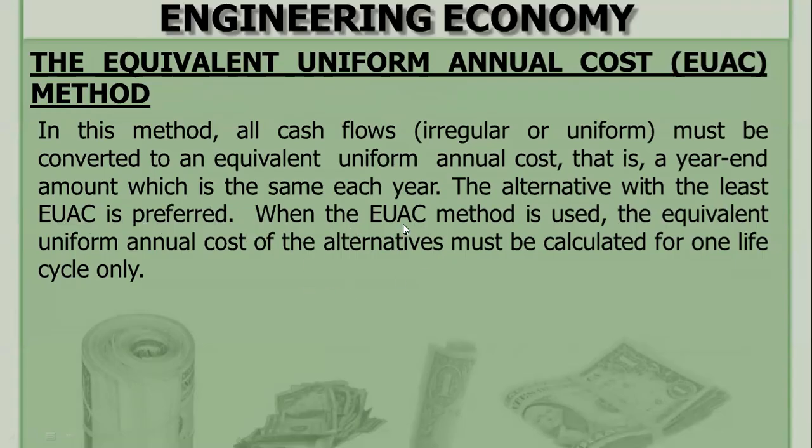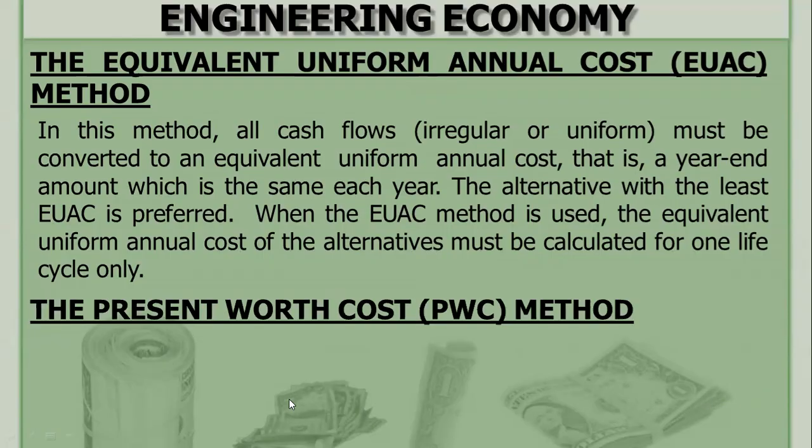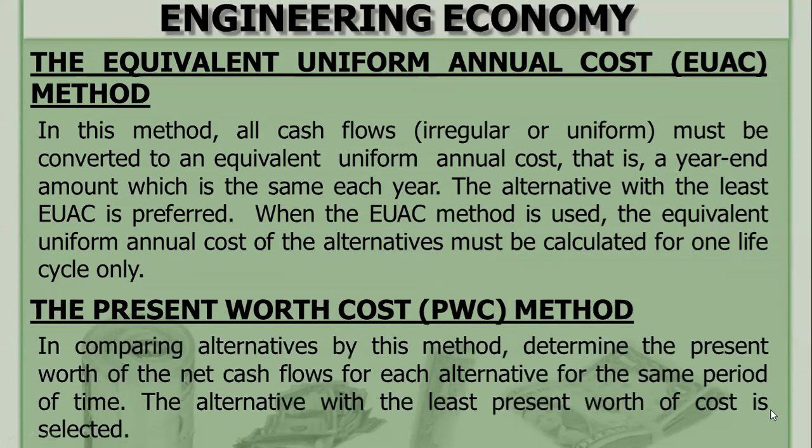When the equivalent uniform annual cost method is used, the equivalent uniform annual cost of the alternatives must be calculated for one life cycle only. Okay. One life cycle. Present worth cost method. Okay.